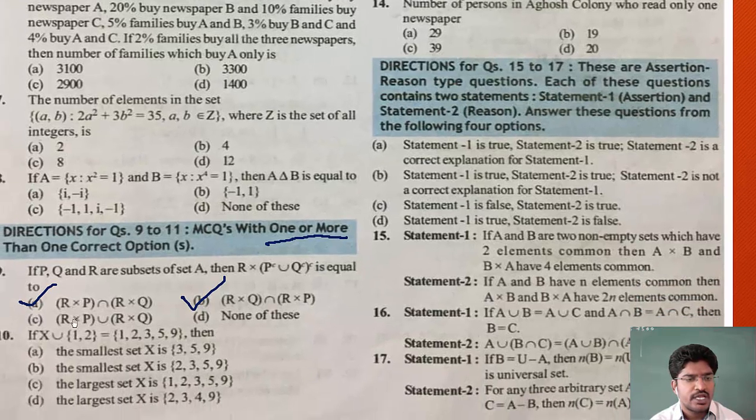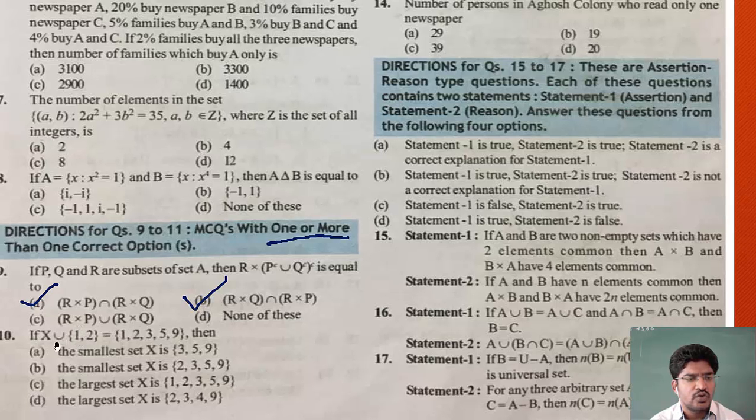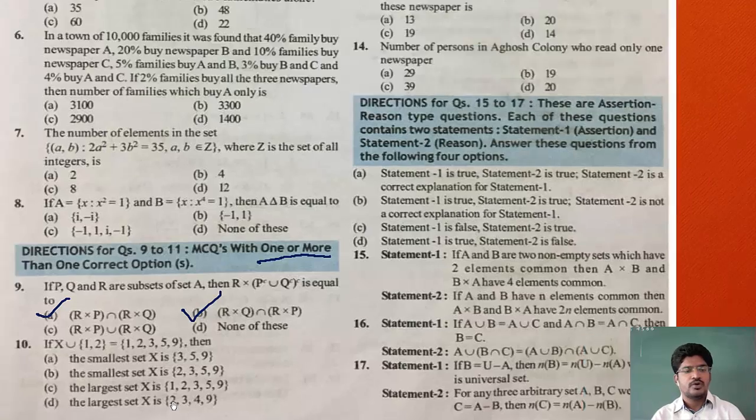What is question number 10? If set x union {1, 2} equals {1, 2, 3, 5, 9}, then the smallest set x is {3, 5, 9}, the smallest set x is {2, 3, 5, 9}, the largest set x is {1, 2, 3, 5, 9}, and the largest set x is {2, 3, 4, 9}. No problem.